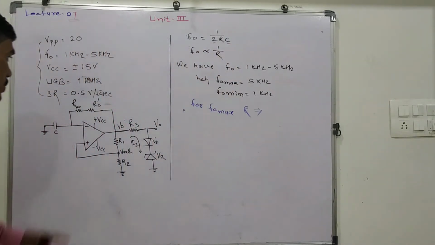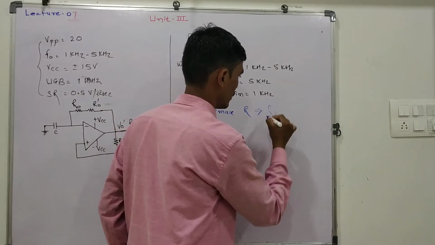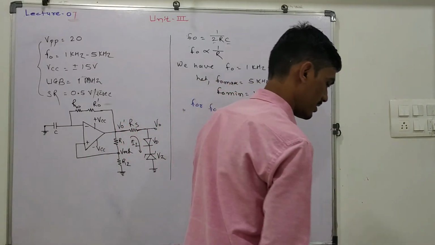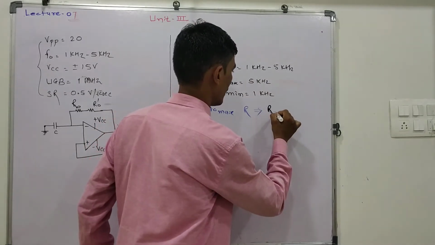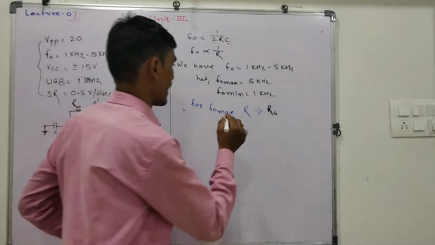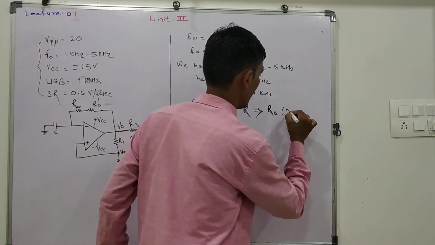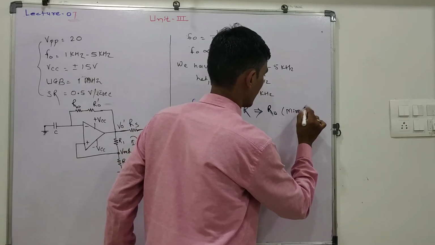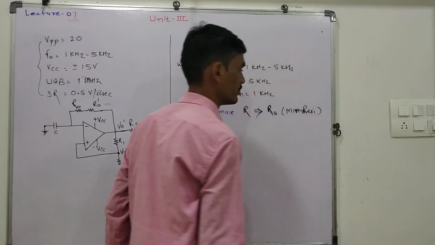Here we are assuming it is R0. This is for F max, and this R0 is nothing but the minimum resistance value.